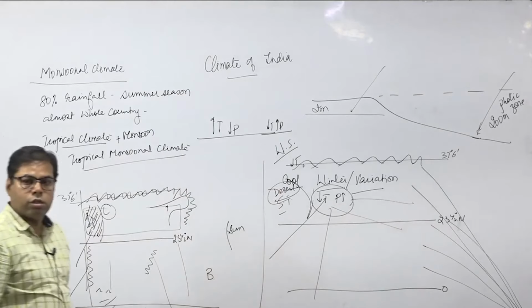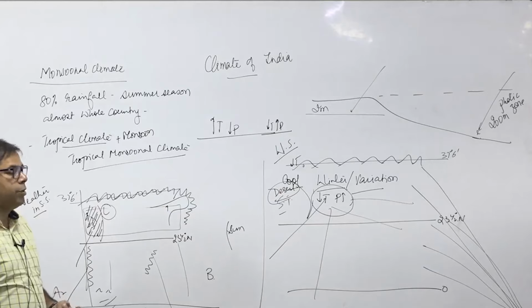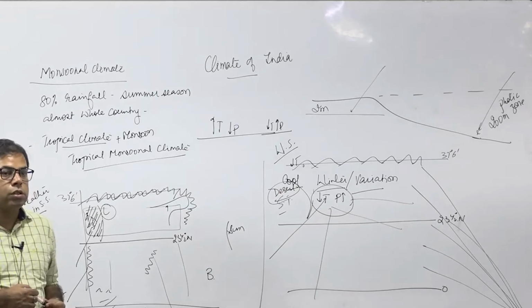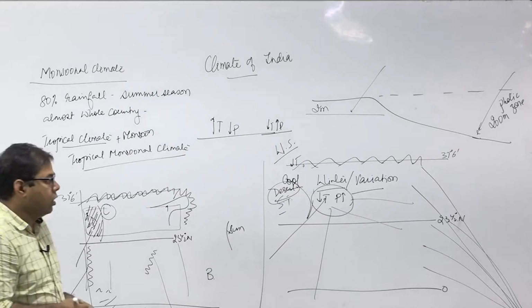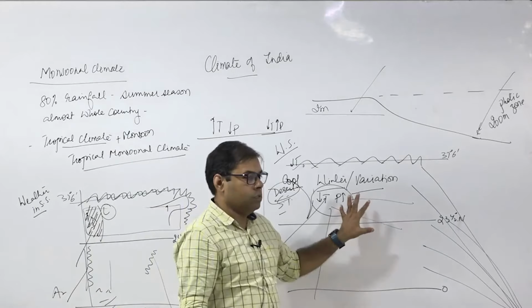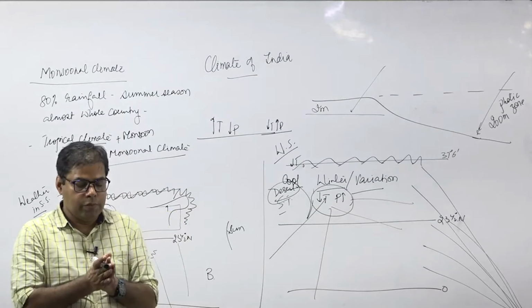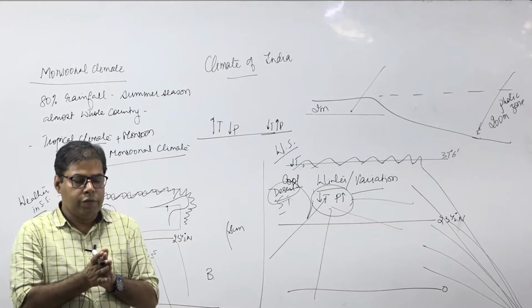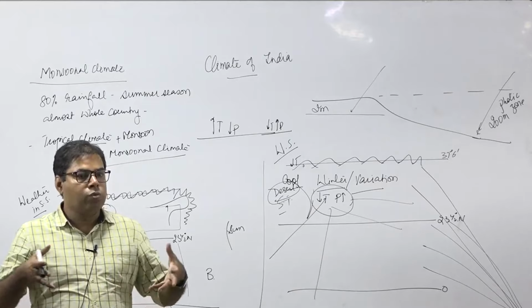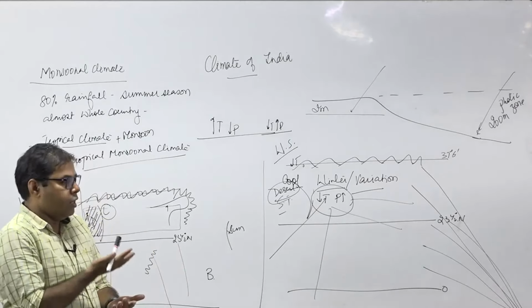What will happen? This will develop a high pressure center over the cooling surface. When the cooling is there, no wind will stay here. High pressure means there is anticyclogenesis, and when this high pressure is there, wind will be moving from the center to outside. So will any wind stay there?